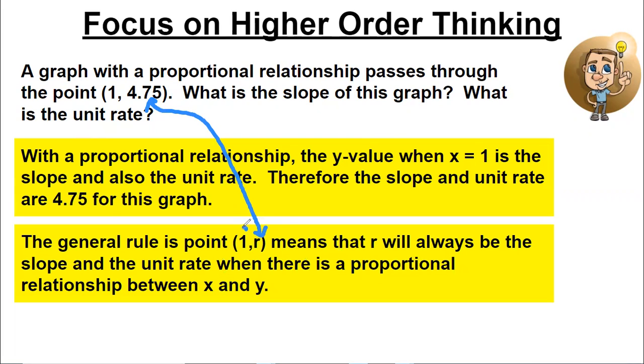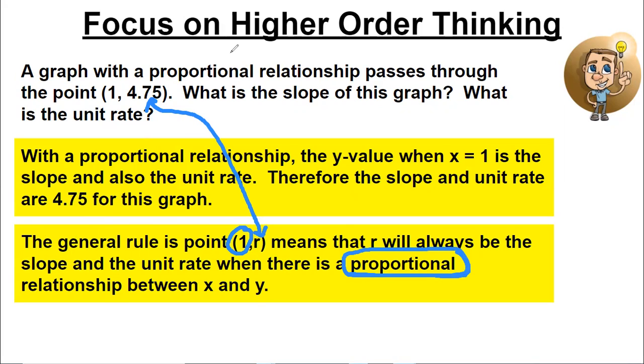So whenever you have 1, whatever the y value is at 1 for x, that is your slope and your unit rate for a proportional relationship. Next unit, we're going to be talking about non-proportional relationships. So this will only apply to proportional relationships.